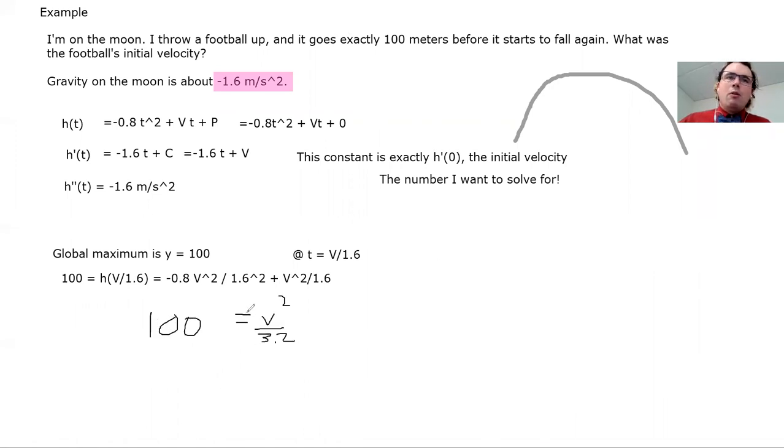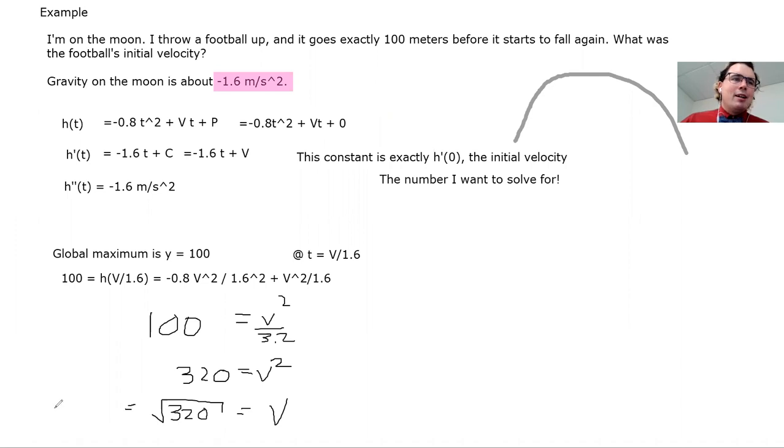So what am I going to do? I'll multiply both sides by 3.2. 320 has to be equal to v squared. So v should be the square root of that number. And I'm basically done at this point.